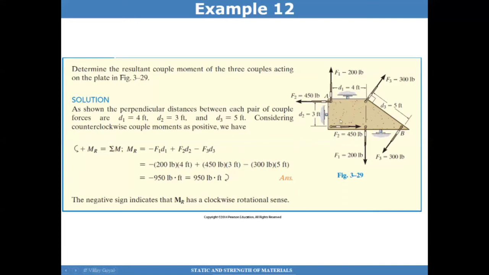And then finally I have this load and this load here, and the distance between them is 5 feet. So 300 pounds times 5 feet is this one here, and that causes a clockwise moment, which is in a negative direction. So I can add them all up, and I get 950 pound-feet as the couple.